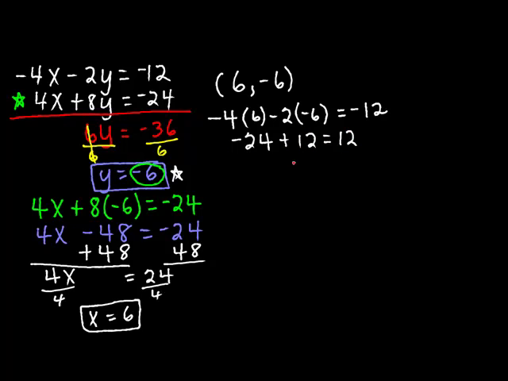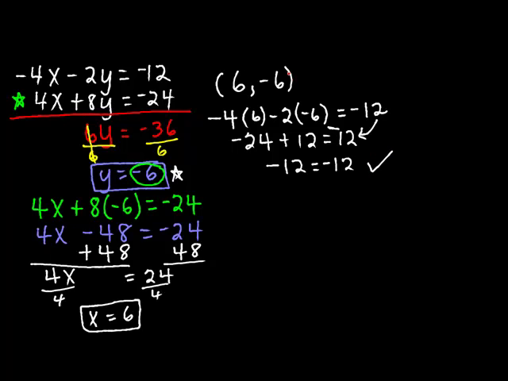And of course, negative 24 and 12 together gives me a negative 12. The only reason this isn't true is because I forgot to put the negative sign right here. I should have just brought this down as is with my negative sign. Negative 12 equals negative 12. That is a true statement. So this solution does work on the first equation.